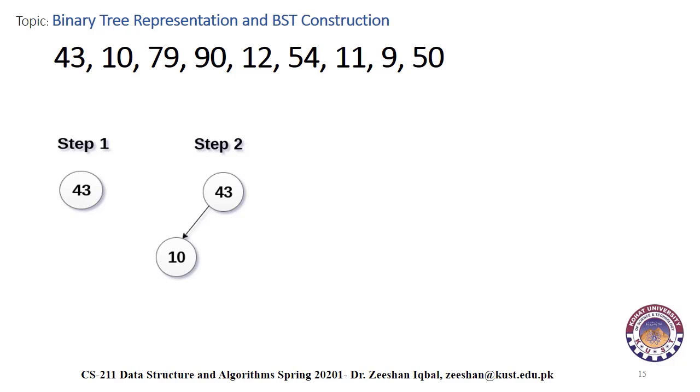Next element is 79. We will again consider by comparing it with the root node. As we can see that 79 is greater than its root node, so we'll place it as the right child of 43. The next value is 90.